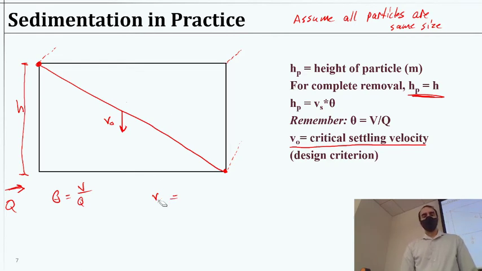So what we can say is the settling velocity for the particle is equal to V naught.